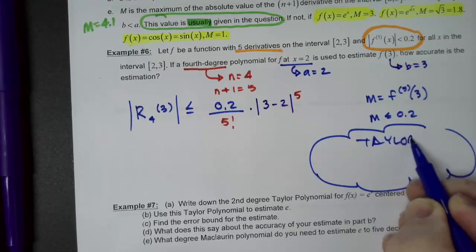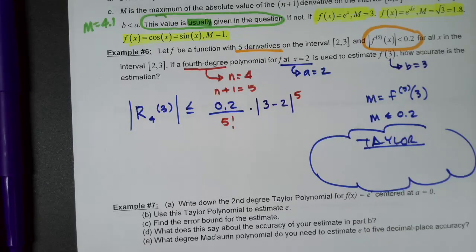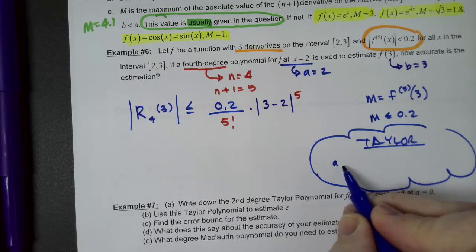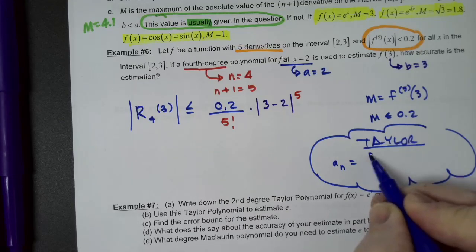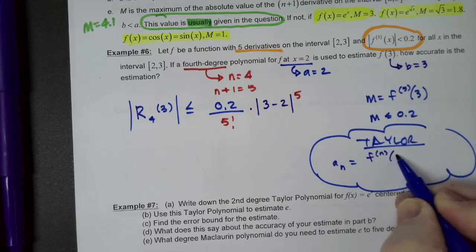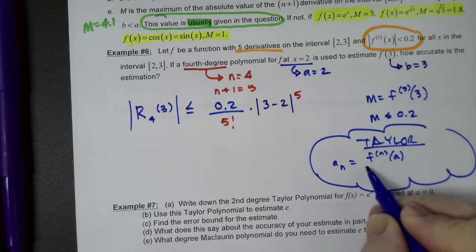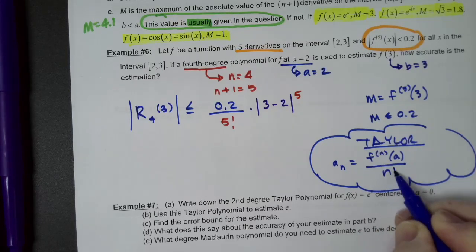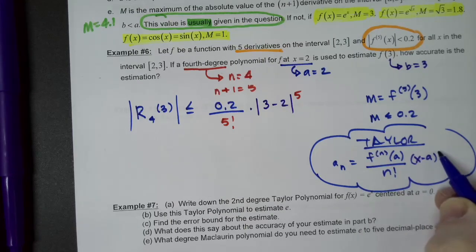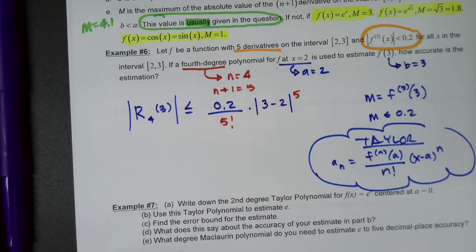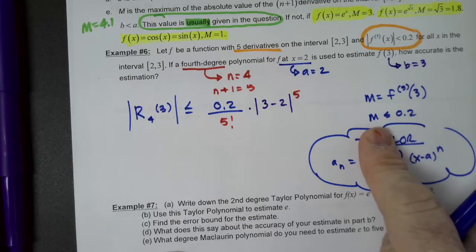Remember, a Taylor series, every term in a Taylor series is the nth derivative at a divided by n factorial times x minus a to the nth power. Right? Do I need to keep memorizing this?